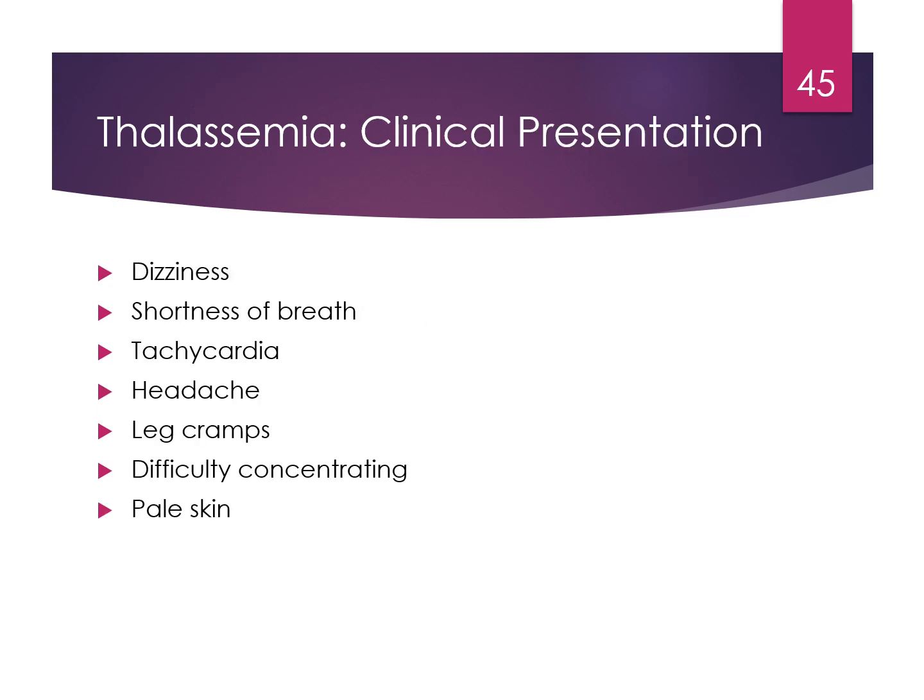So patients who have thalassemia, they present to you with dizziness, shortness of breath, tachycardia, headaches, leg cramps, difficulty concentrating, and even pale skin. So if you think about these clinical presentations that your patient may have, very similar to some of the other presentations of anemia.